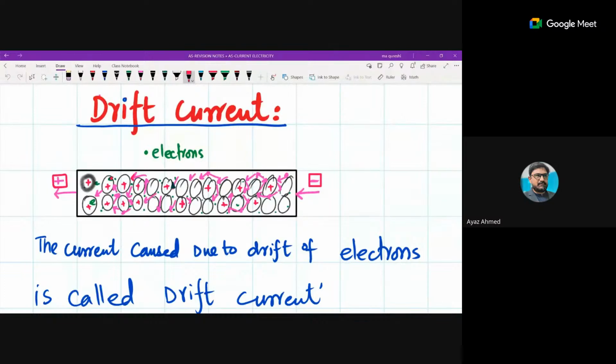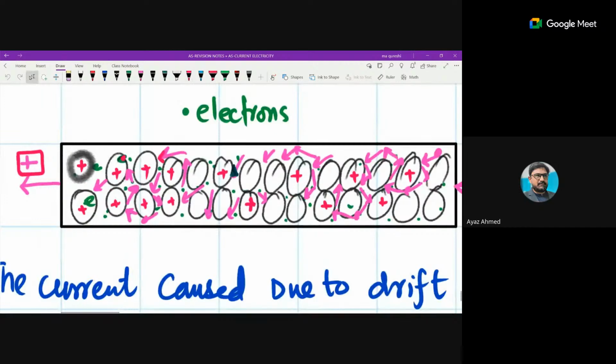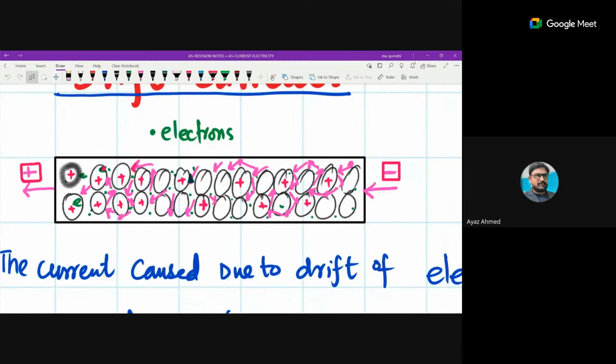Okay, so when I started drift current, I told you that actually there are electrons in the wires, but they are not alone. They have some atoms, and some of the atoms have free electrons, as I have shown you, those atoms which I have shown with positive charge have given the electrons as free electrons. So when an electron is rushed towards the positive terminal of the battery, what happens?